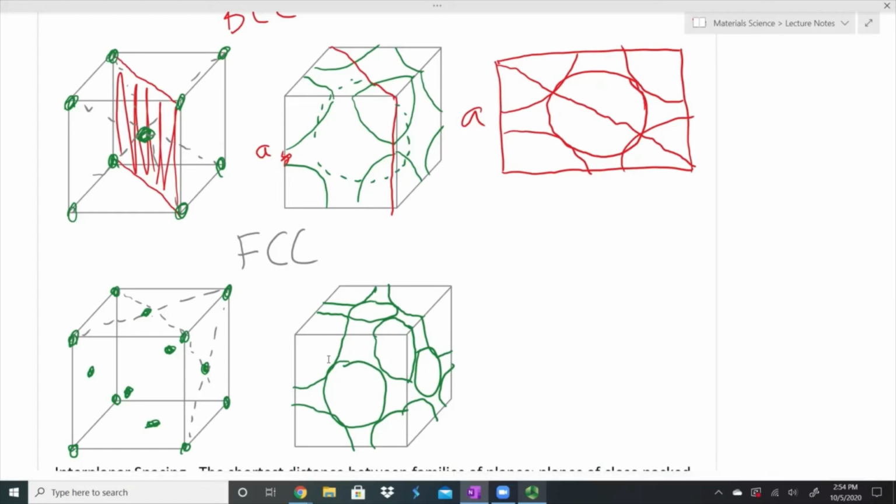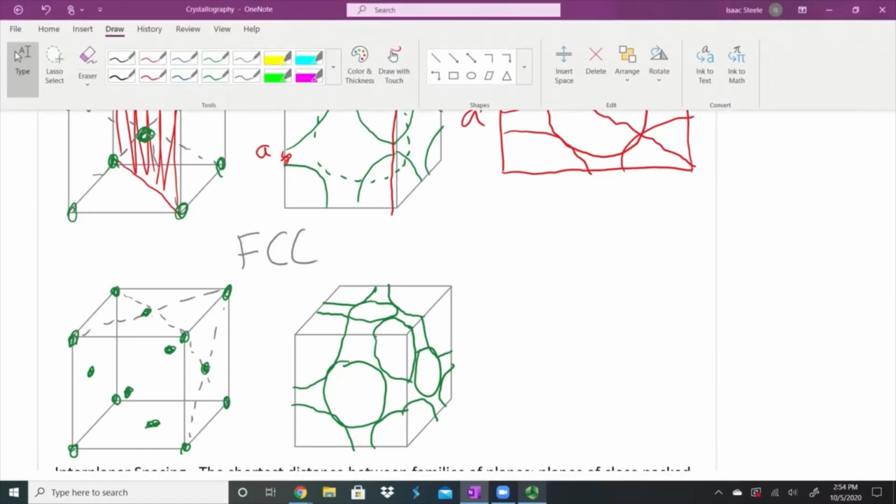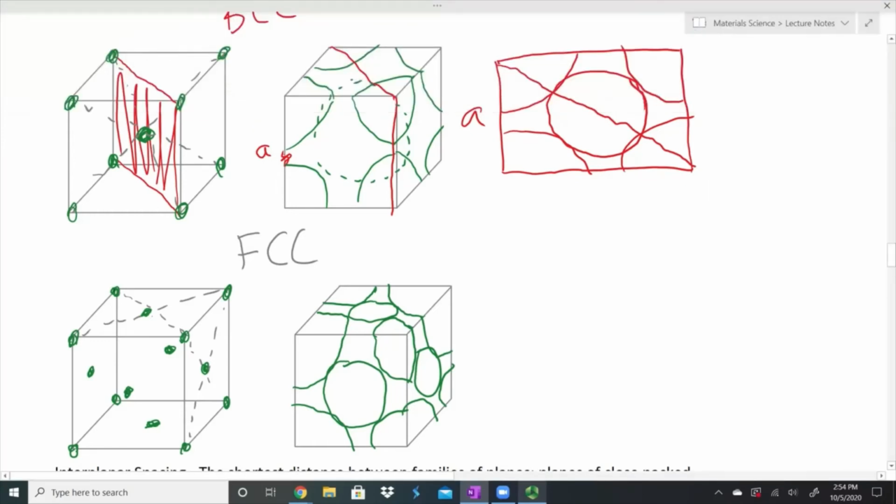What we're going to do here is draw in our most densely packed plane, which is going to look like a triangle through here. That is going to be my most densely packed plane. I'm going to go from one corner to another corner, to another corner.